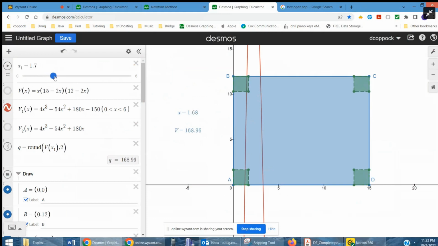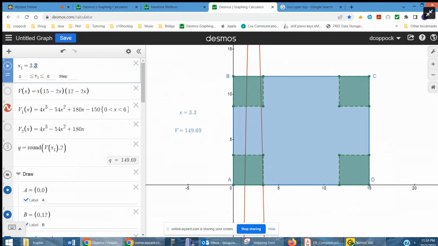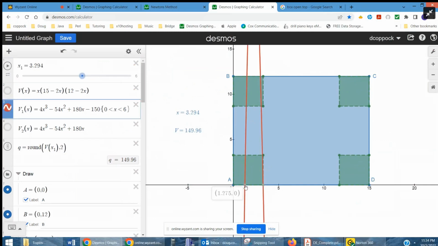And as I move towards 3.293, still greater than 150, but at 3.294, the volume is not quite 150. So there's your answers right there.